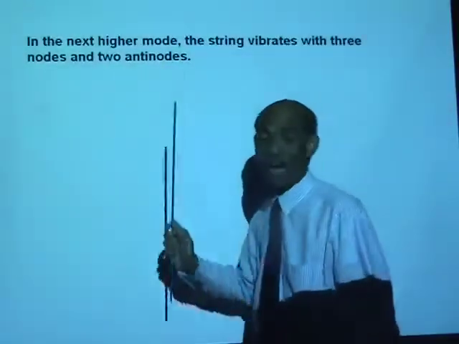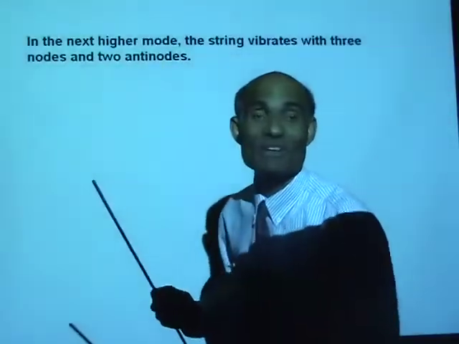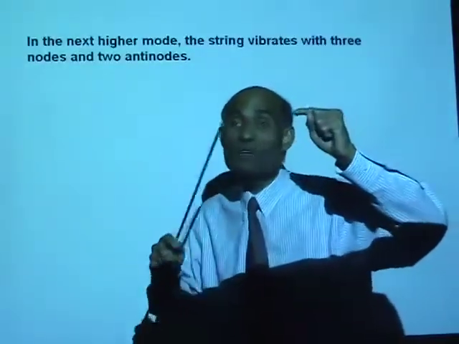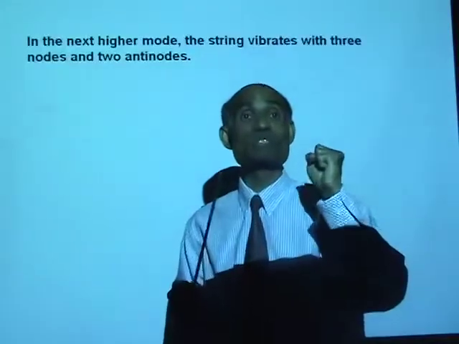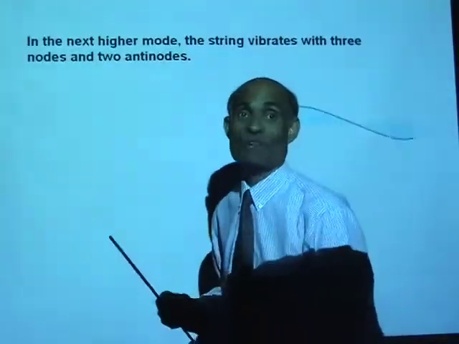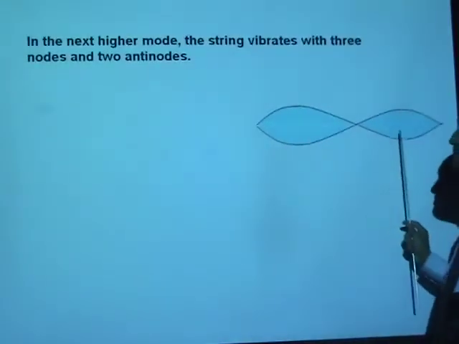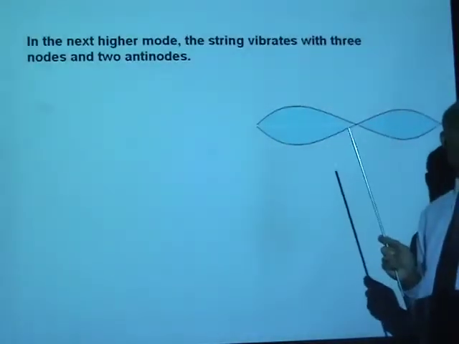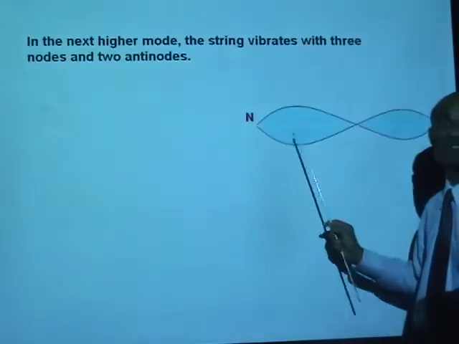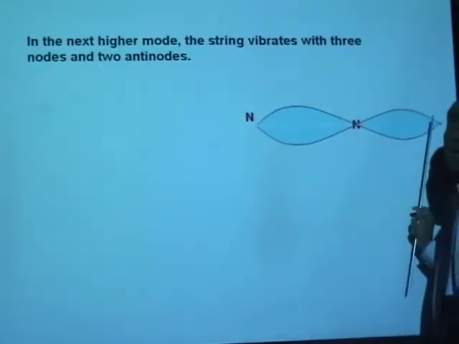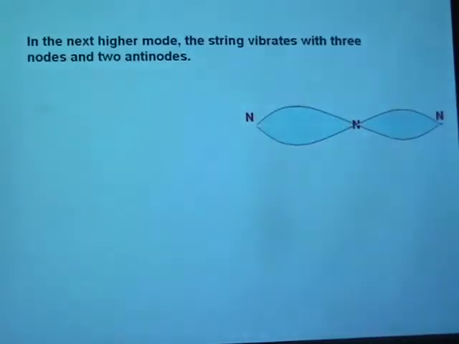What is the next higher mode of vibration? When you double the frequency, the string begins to vibrate in 2 segments. And so, the next higher mode of vibration is this. The string vibrates in 2 segments. That means there is a node there, a node here, and a node at the other end.